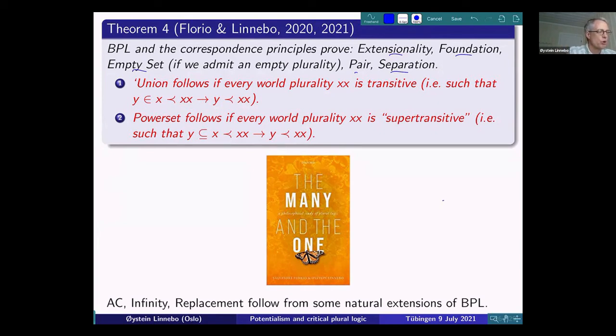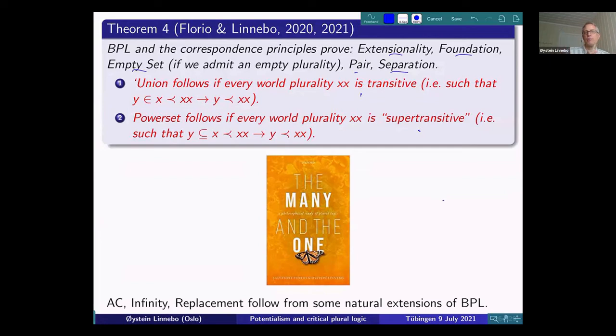And to correspond to a world, a plurality presumably has to be transitive, right? Since if it contains a set, it's also got to contain the material from which that set was formed. And perhaps you also want to ensure that that plurality is supertransitive in this sense.